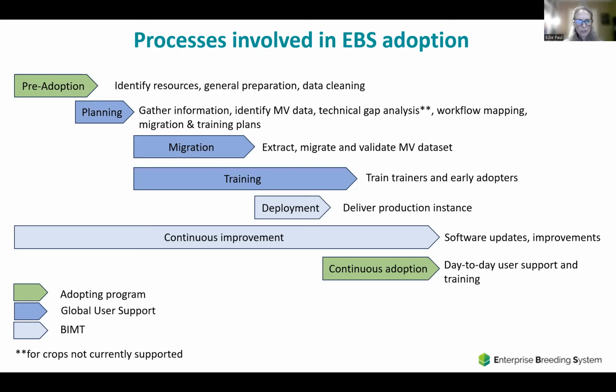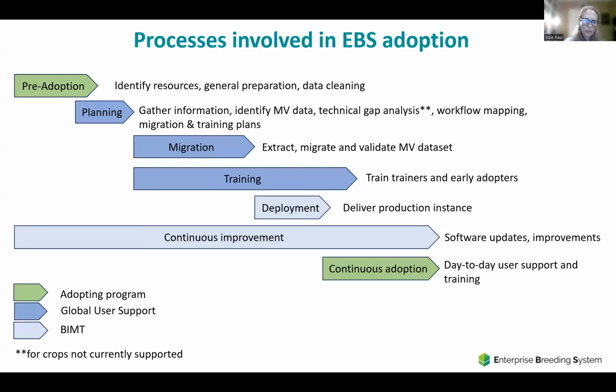And as Marko mentioned, if this is a crop that we haven't supported yet, this step would include identifying features that are unique to that crop, and getting the requirements documented. At this point, we need several people from your team to be involved in this process.